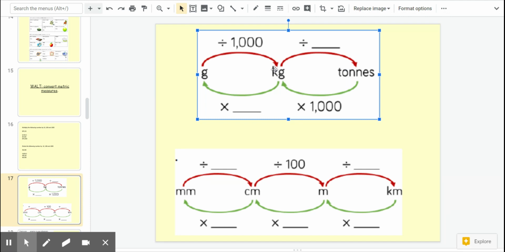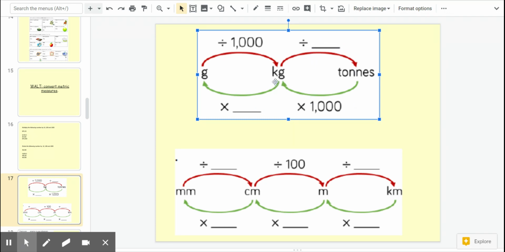If you're converting kilograms to grams, you're going to multiply it by, I'll give you a little tip, this number here, because there are 1,000 grams in a kilogram. So if you've got 1 kilogram, you know that there are 1,000 grams in 1 kilogram, so you're going to multiply by 1,000. So this will give you a clue as to what this number could be.